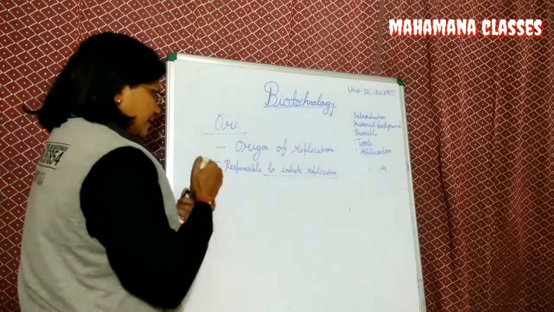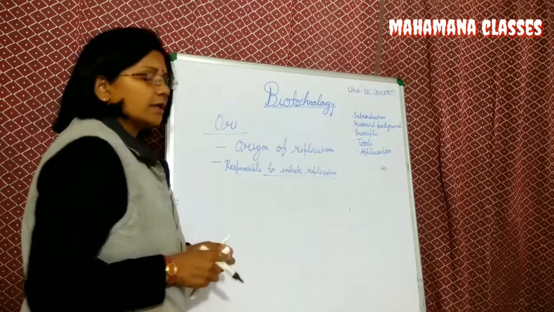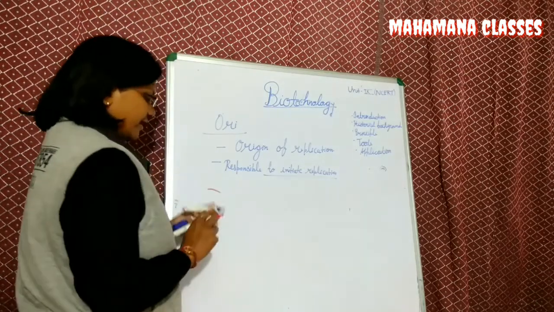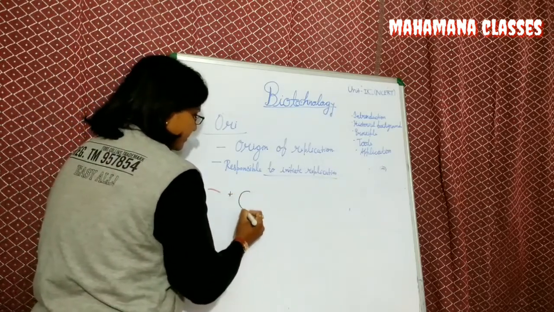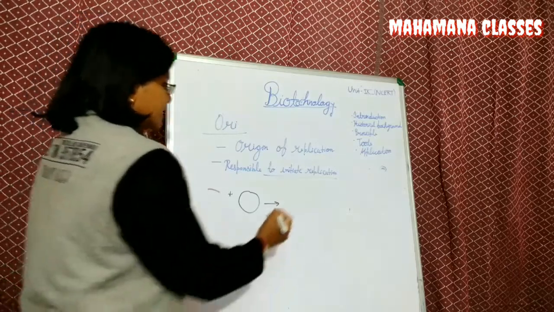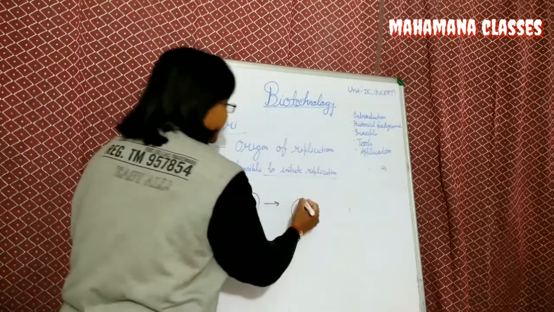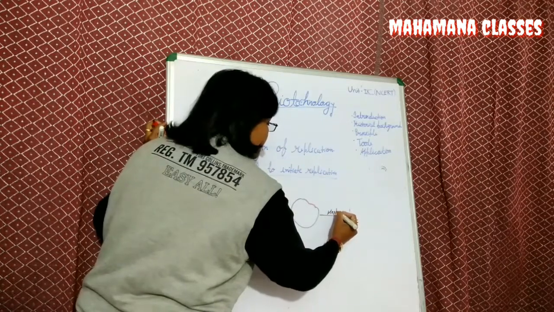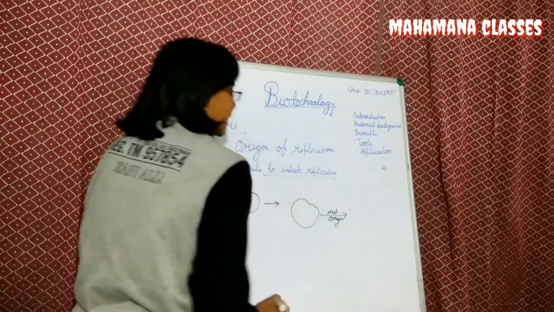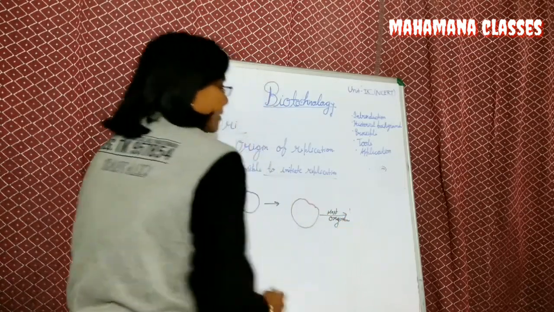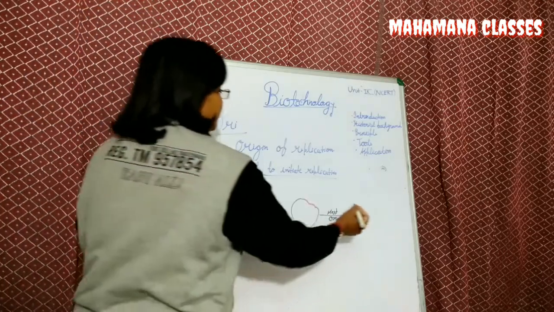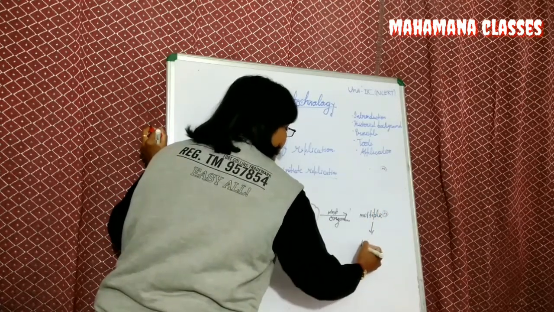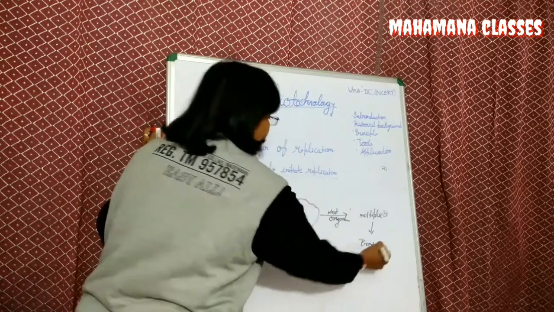When we insert our desired DNA piece into the plasmid, we create the new combination, the recombinant DNA, and then it is introduced into the host organism, where it will multiply autonomously and we get the required product.